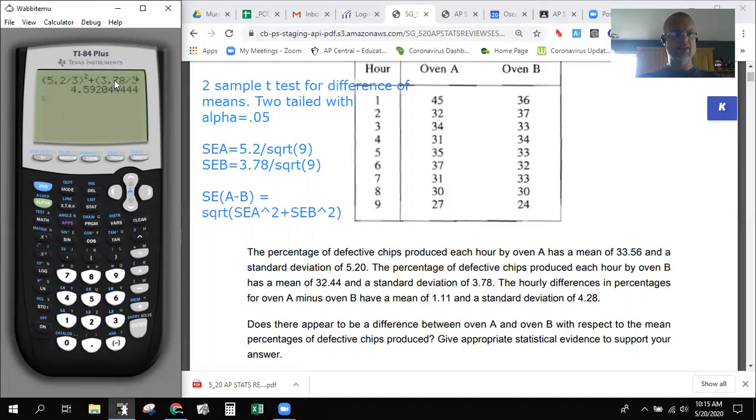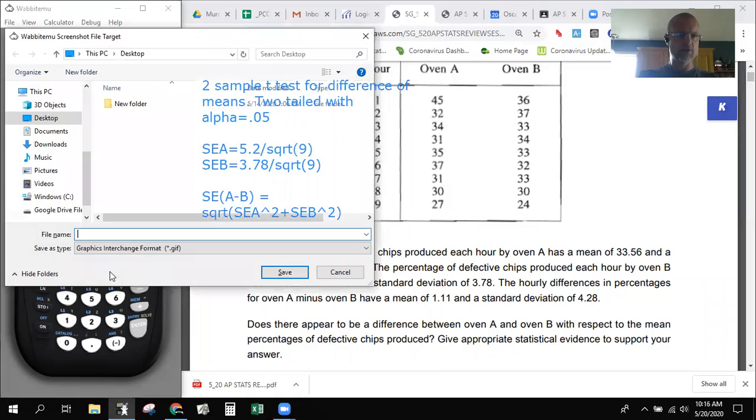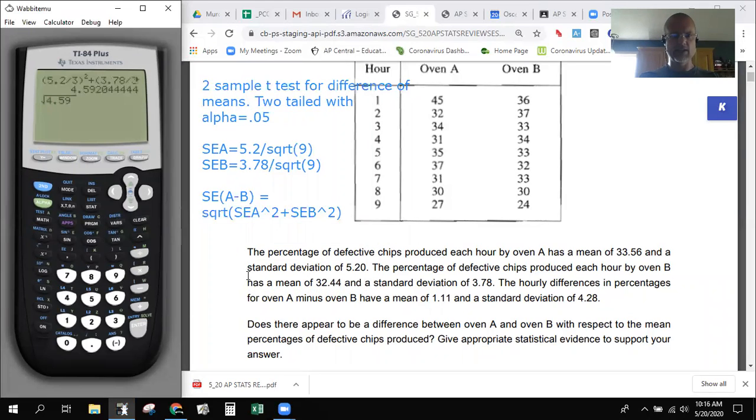So that's adding the variances, and then I have to take the square root of that. I'll just do answer. Keep forgetting I can't hit the backspace button. Second answer.